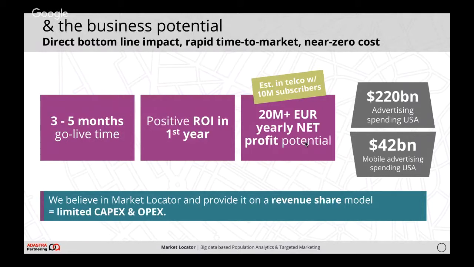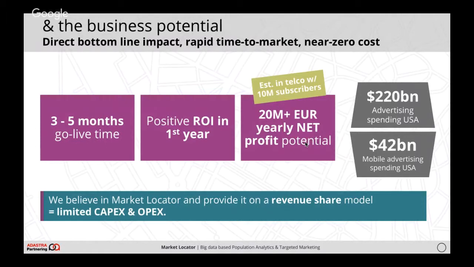So just from using the data you have to store anyway today, using that data for a new purpose, giving that data a value which is accessible to other companies, you can start generating pretty significant new revenue, which would cover also the cost for your big data technology that you anyway want to implement.